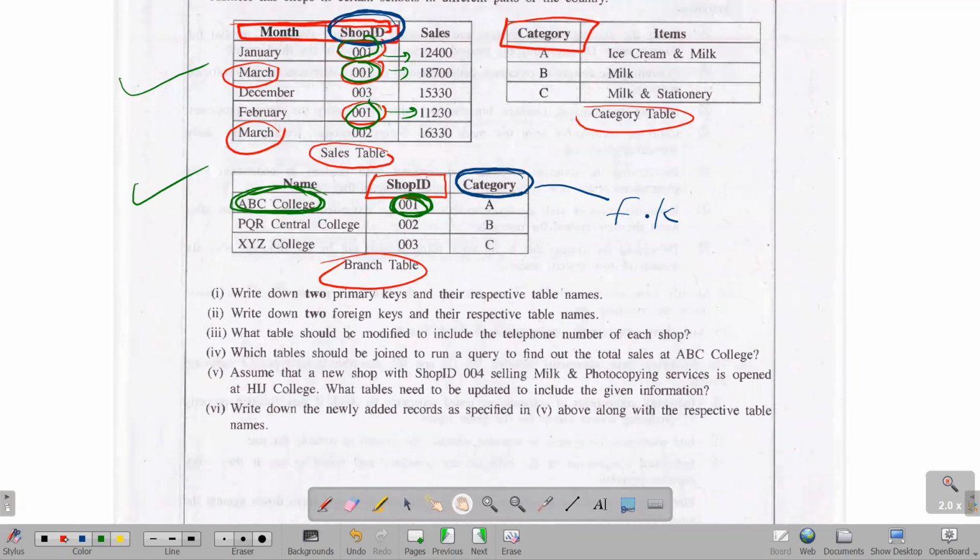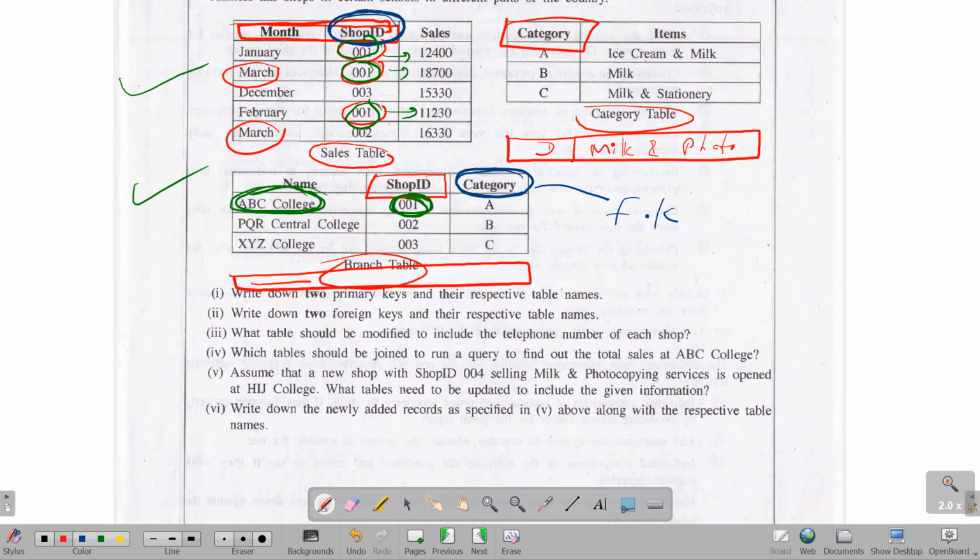So definitely in the category table there should be a new category called D, and milk and photocopy should be there. Since it is assigned to HIJ College, there's a new branch. That means there should be another record with the college name, the shop ID 004, and the category D.